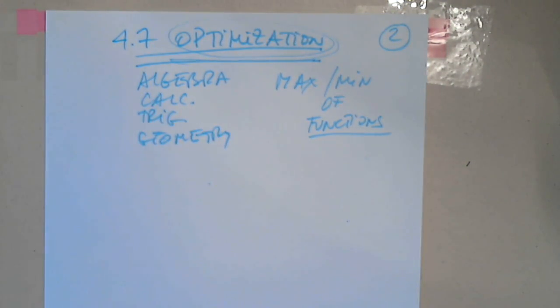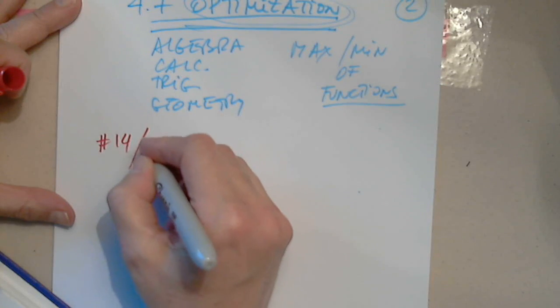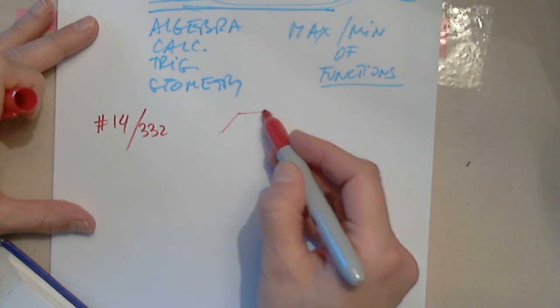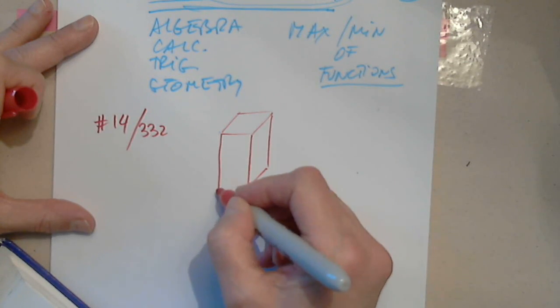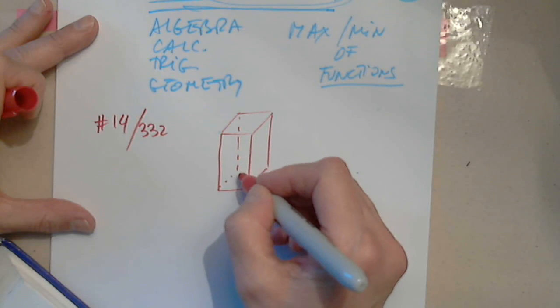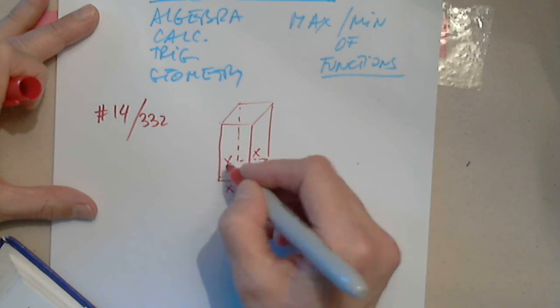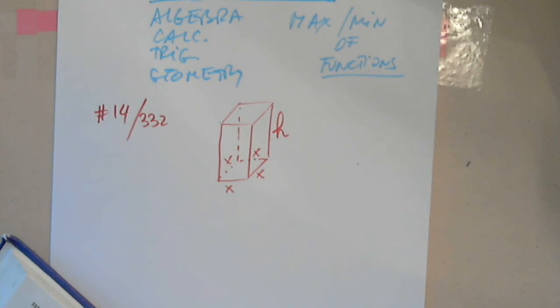Okay, so let's take notes on the problem. Number 14 on page 332. We have a box with a square base, x, x, x, x, of course, at the top, and some height. Square base and open top, no lid at the top.